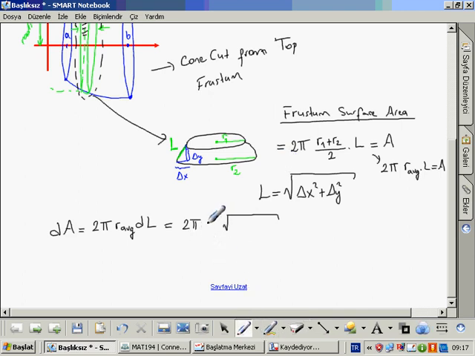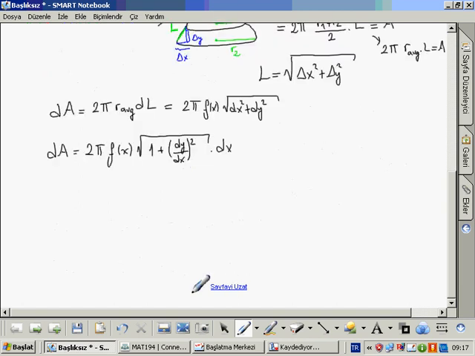So del A equals 2 pi f of x times the square root of 1 plus del y over del x squared times del x.